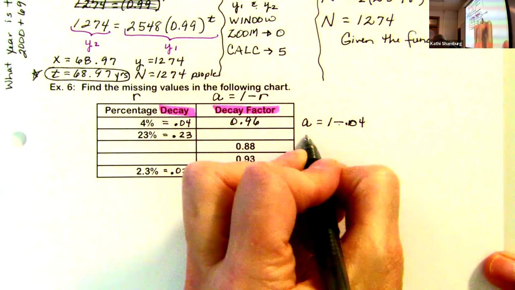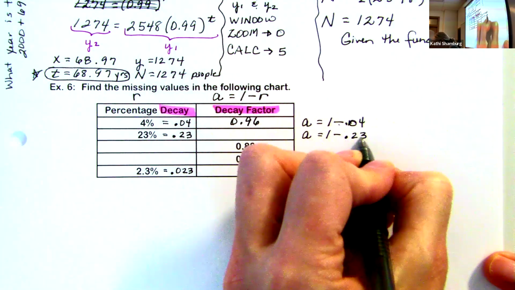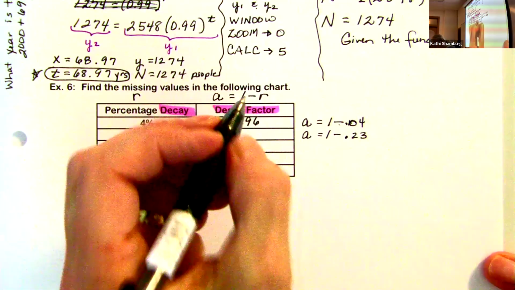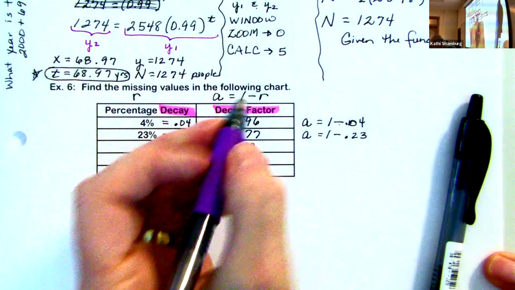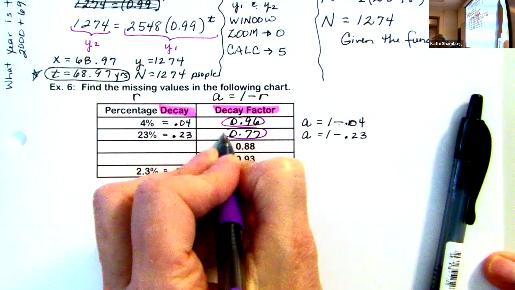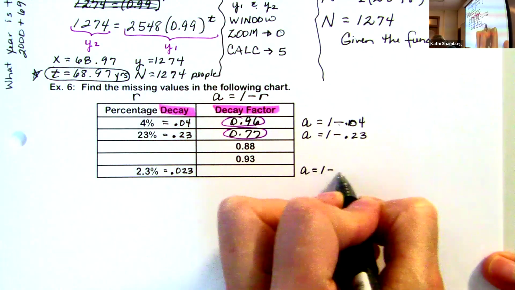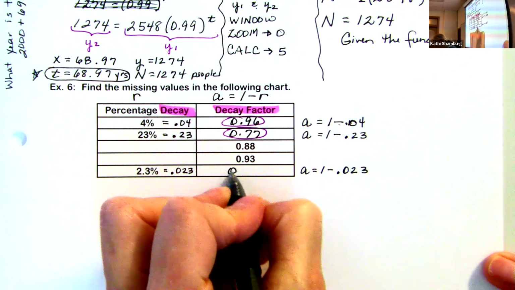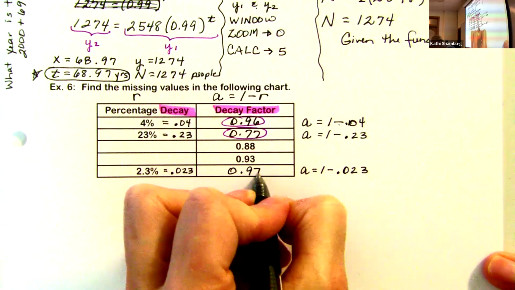So for the next one, it would be 1 minus 0.23, which would give us what? All right, and then the last one would be 1 minus 0.023. What does that give us? 0.977.